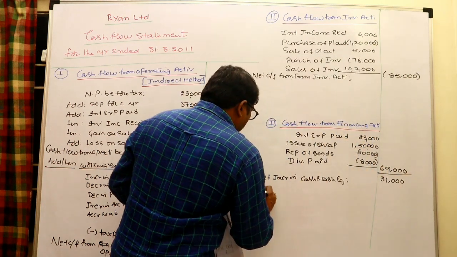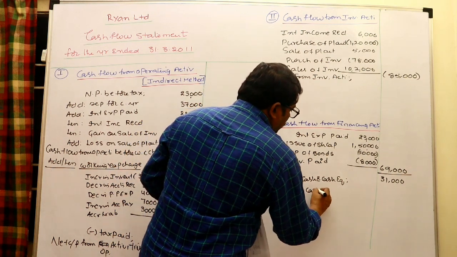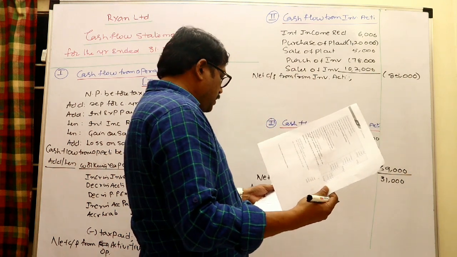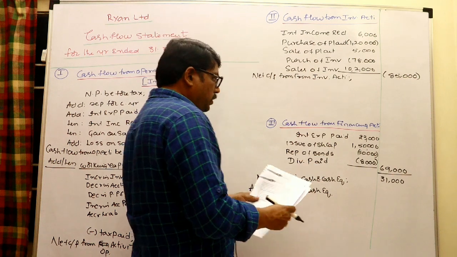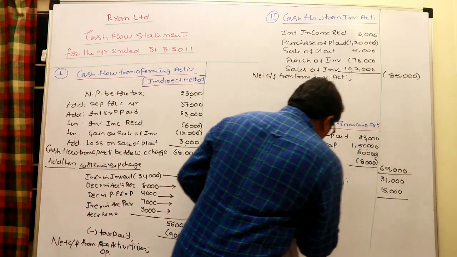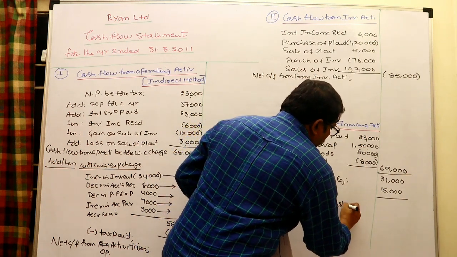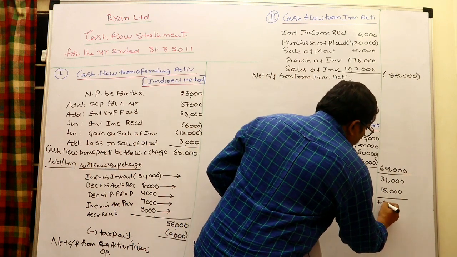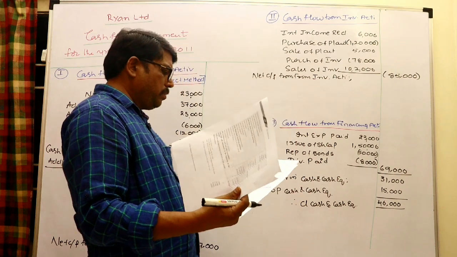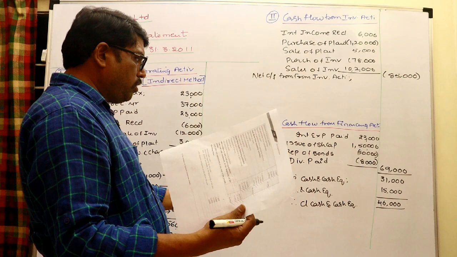By that, add opening cash equivalents and the result will be closing cash equivalents. Opening cash is 15,000. Therefore closing cash and cash equivalents is 46,000. Check your balance sheets: opening was 15,000, closing is 46,000.